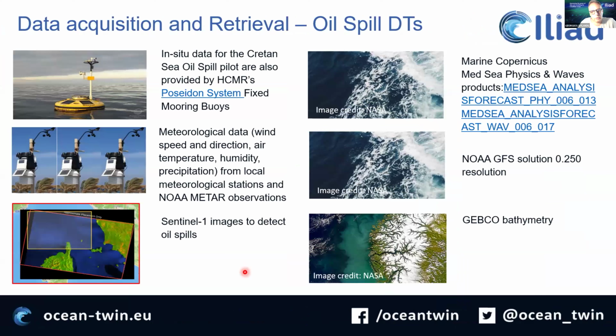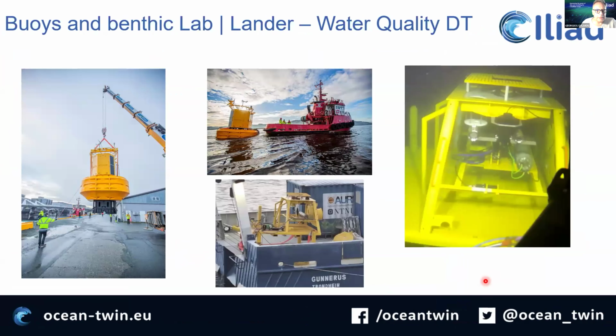Here we move to high-cost systems like buoys from the HCMR Poseidon system, which is deployed in the Cretan Sea, a series of meteorological stations in Crete and all over the land around Crete, but also Sentinel-1 images, data from Copernicus, data from NOAA, and bathymetric data from GEBCO. All these data are integrated in the digital twin for the Cretan Sea.